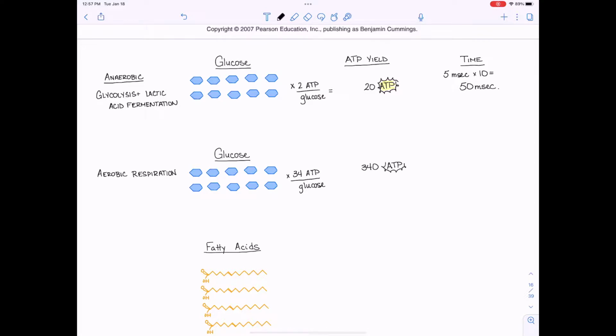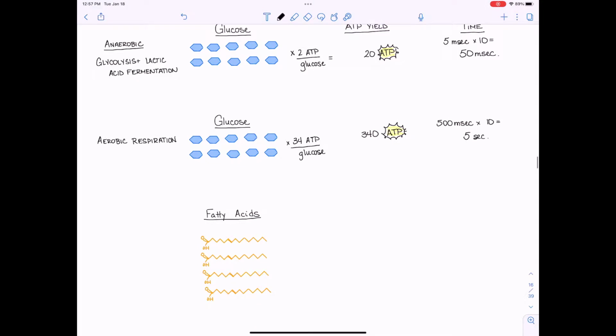That's a lot more money, but it's going to take me a lot longer. If glycolysis only took 5 milliseconds and aerobic respiration takes 100 times longer, then aerobic respiration would take 500 milliseconds. Times 10 glucose, that's 5 seconds. That's considerably longer. So yep, I get a bigger yield, but at the expense of time.